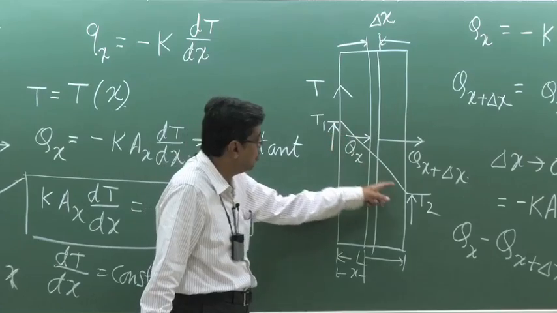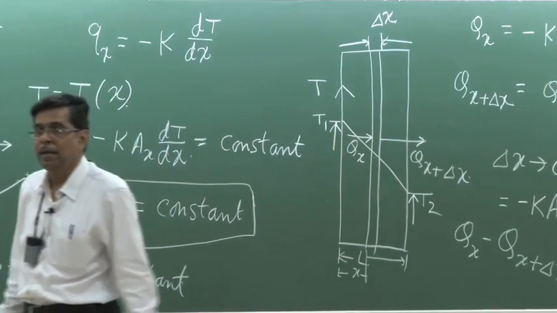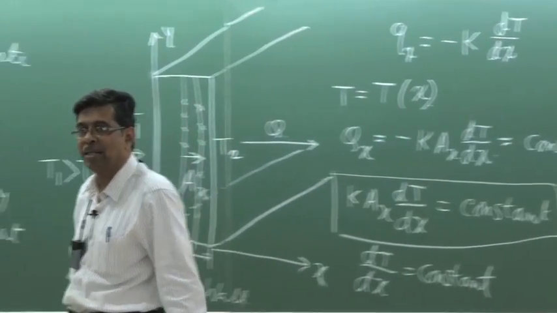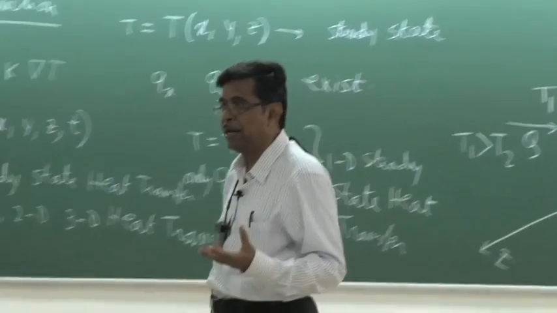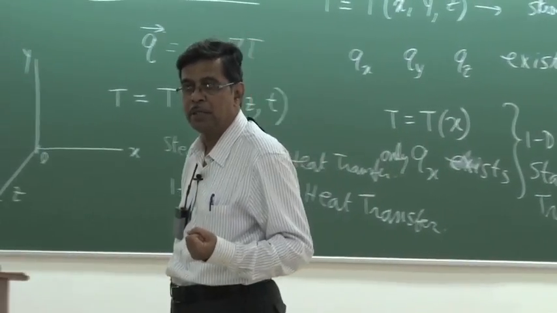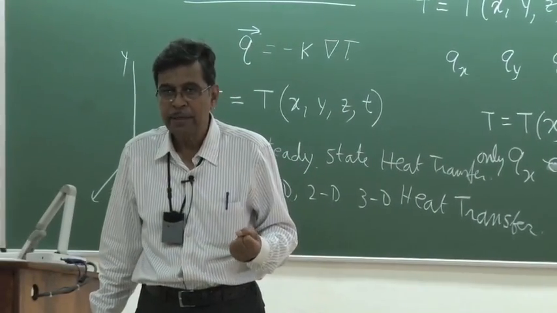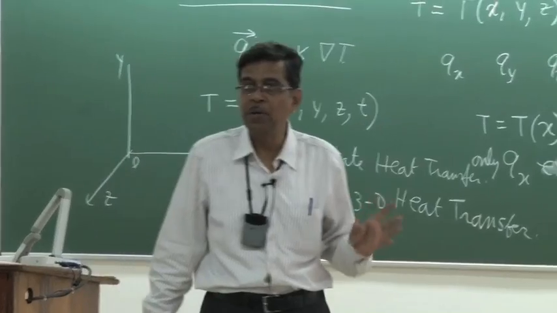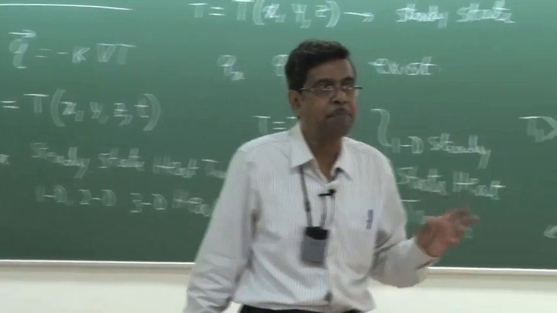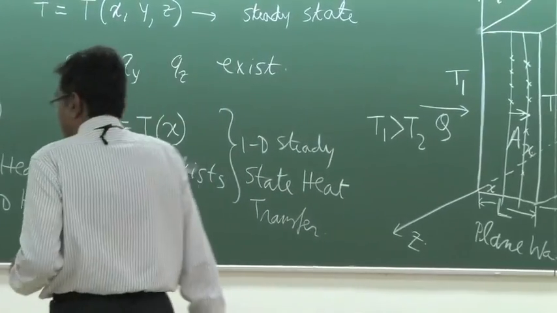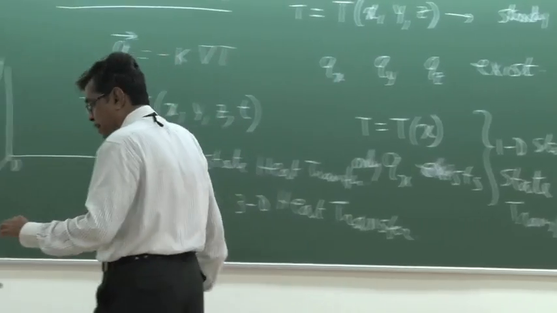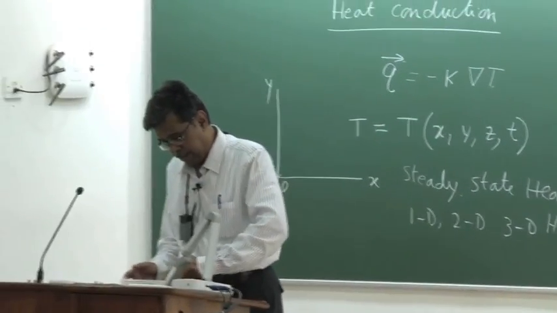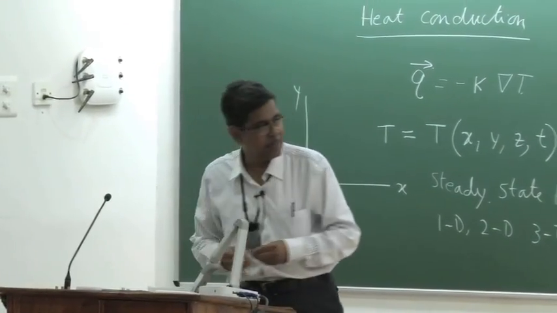So we get a linear profile, the slope of which will depend upon the thermal conductivity. Okay, this is clear when we have a linear temperature profile. Now, in this context, I will tell you certain things.